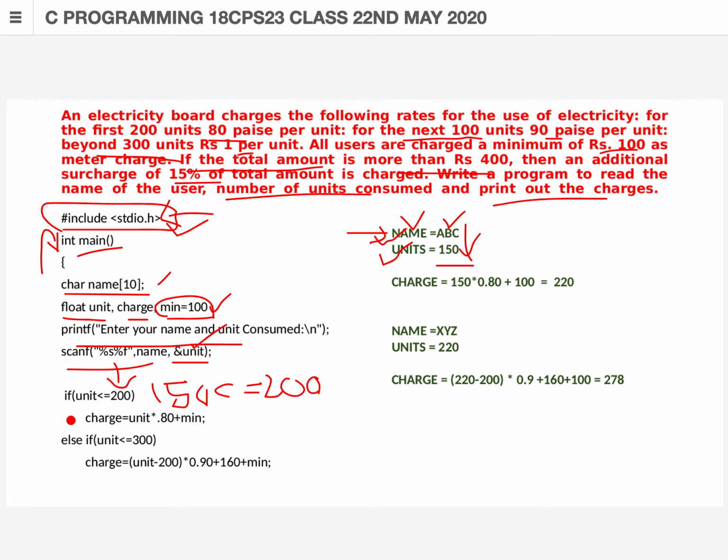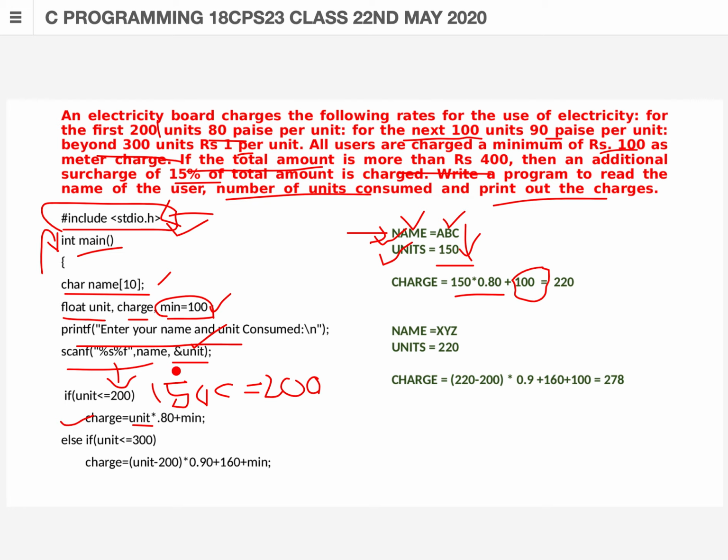Now we need to calculate the charge for those units and display it on the output screen. As given, up to the first 200 units, from 0 to 200 units, we charge 80 paise per unit. So the units consumed are multiplied by 0.80, plus the minimum charge, which is a must for any number of units consumed.